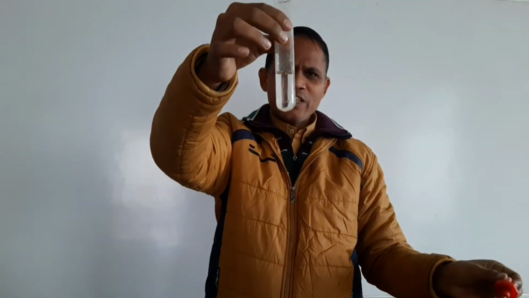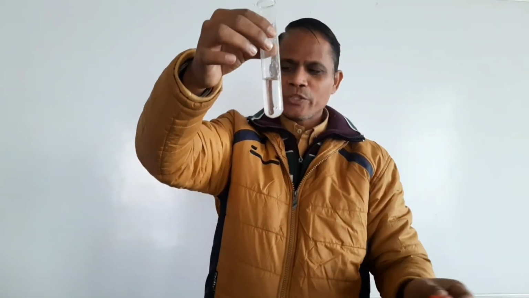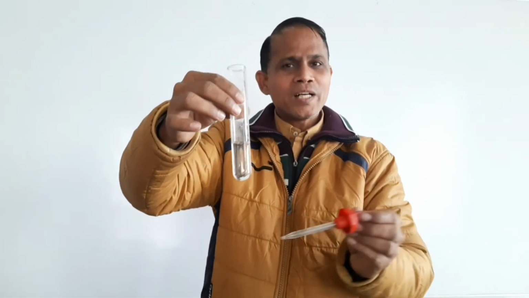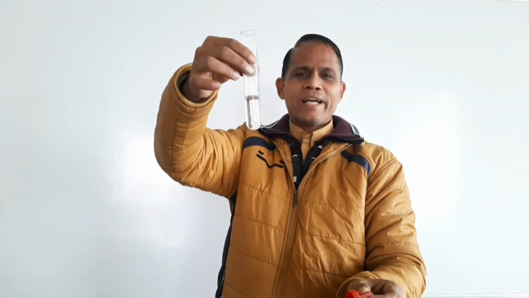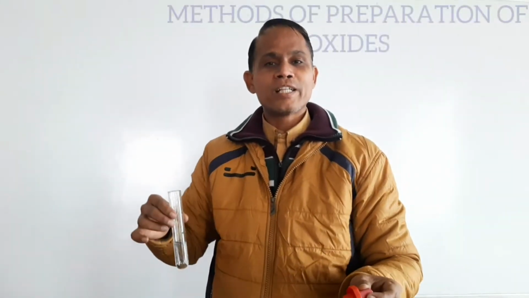You can see it has become transparent, student. This transparent solution is due to the neutralization reaction. Acid has been neutralized by base or base has been neutralized by acid. That is why the pink color disappears. So this disappearance is an activity to show the neutralization.